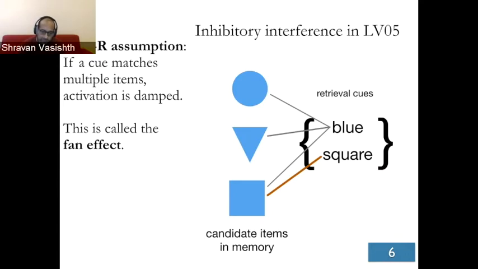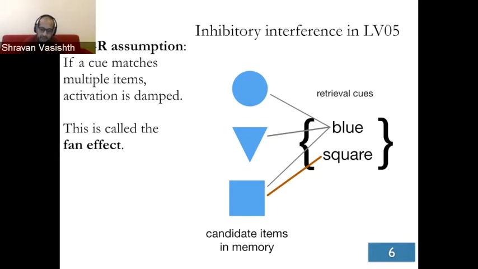One assumption in ACT-R is that if there are multiple items in your search space that have the same feature, in this case blue, you will have more difficulty identifying the target item, in this case the blue square. This is called the fan effect, and you can imagine why, because of this fanning out of the possibilities. If you have multiple candidates matching a particular retrieval cue, you have more difficulty identifying the target, and this takes more processing time. That's the basic assumption there.